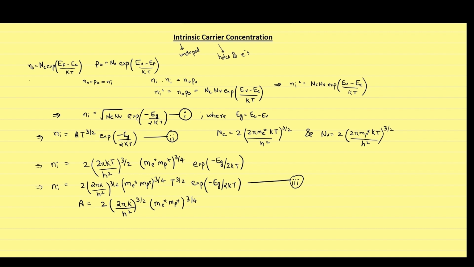A is a parameter which is considered as material dependent and temperature independent. However, A is dependent on the material, and it is also dependent upon temperature. You know already that the transverse component of effective mass is dependent upon temperature. So, as the temperature changes, the material constant will also change.